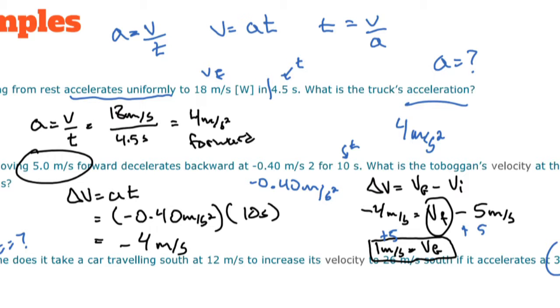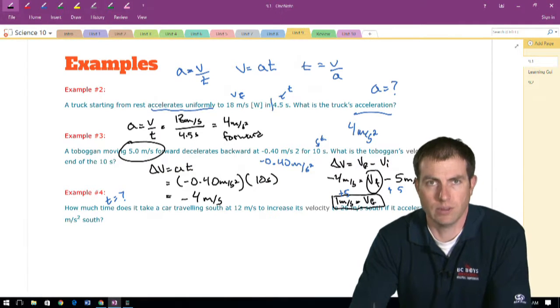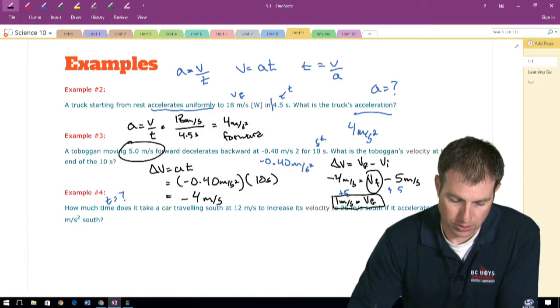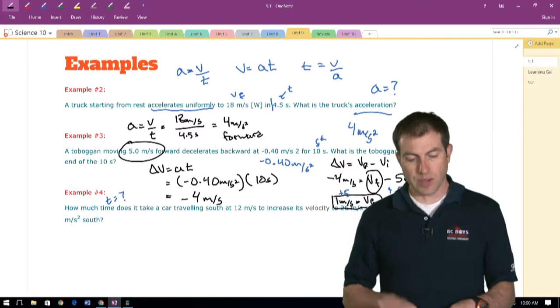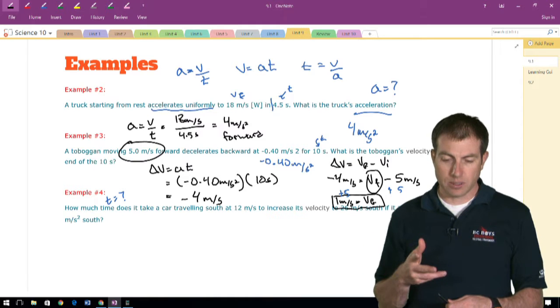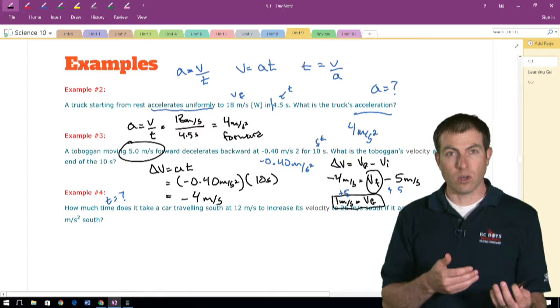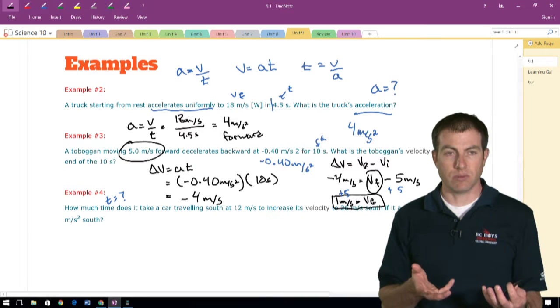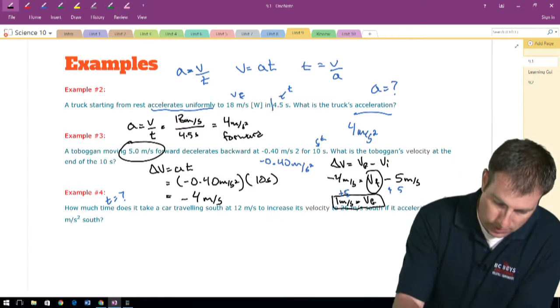So kind of a trickier question, 2 steps to it, which makes it a little bit more challenging than, say, the previous example. So we found the change in velocity was negative 4, and then we say, okay, if we started at 5 and we've changed by negative 4, well, we're going to be left with 1. If that makes sense.